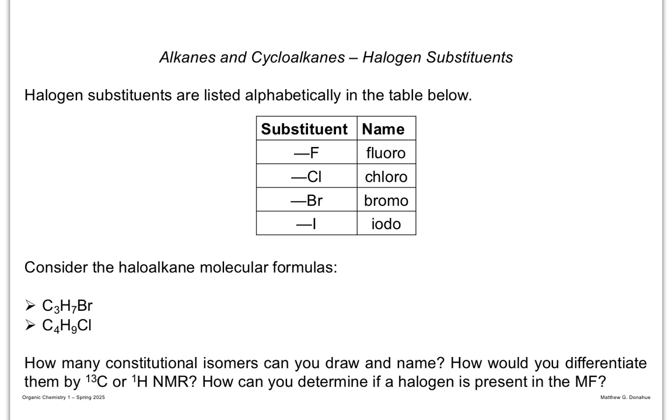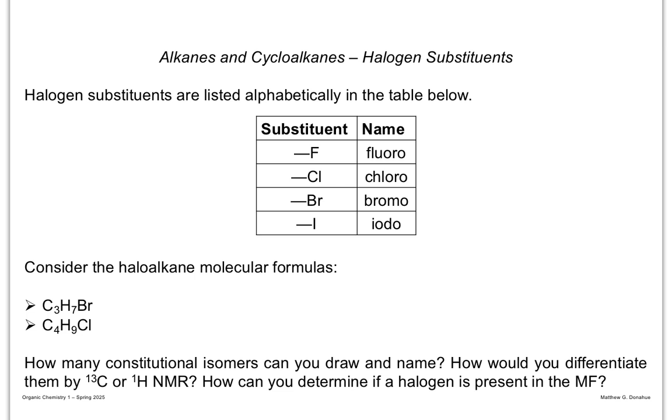Okay, so with that, we're now going to progress into another form of isomers called stereoisomers. And to learn this, we're going to use halogens as our element that is going to indicate to us there's a complication with the stuff that we've learned so far.